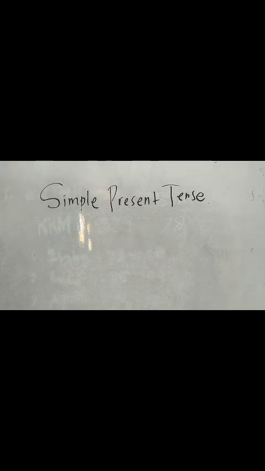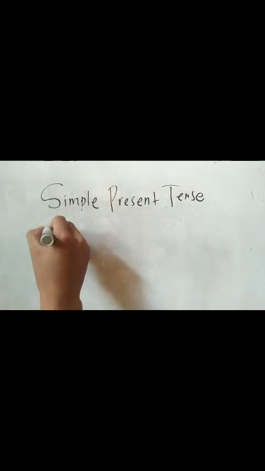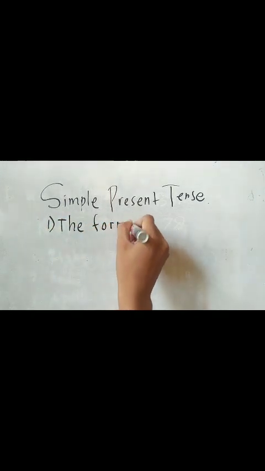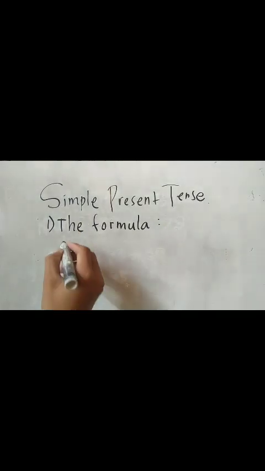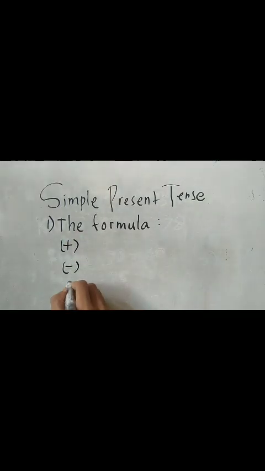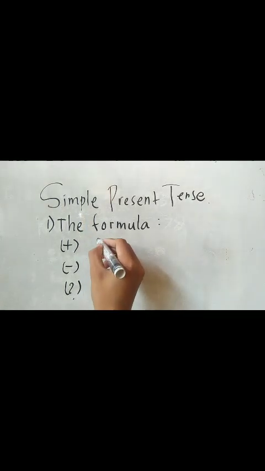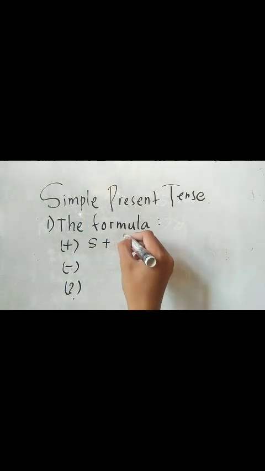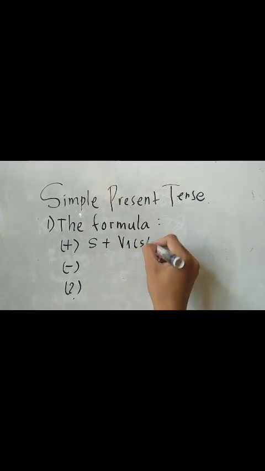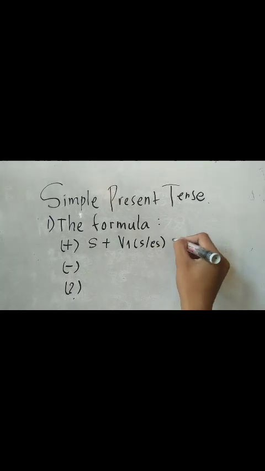So when we are talking about grammar, exactly we will discuss the formula. The formula is the positive, negative, and interrogative. The positive pattern is subject plus verb 1 plus complement.